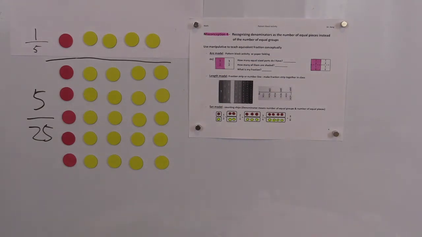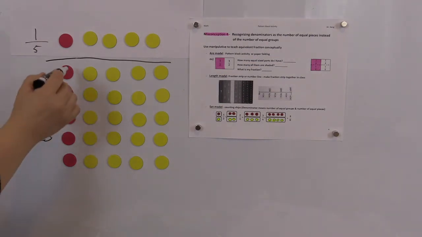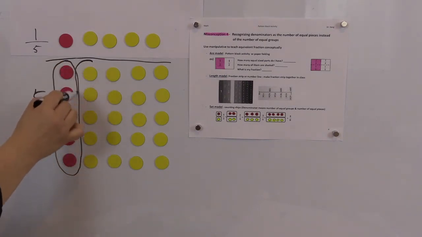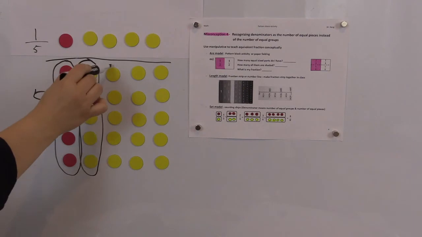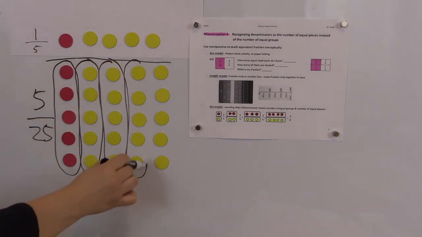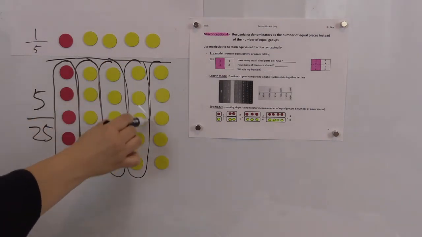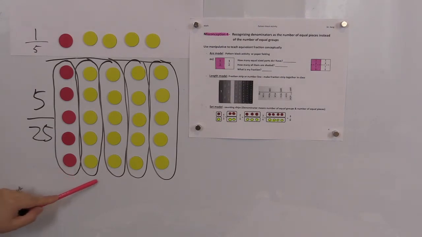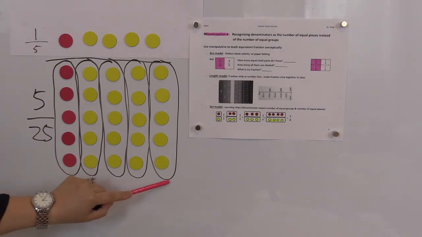Now how can you show to kids this can be 1/5 too? Because we can make the same number of groups, right? So how many groups can you make? We have 1 group, 2 group, 3 group, 4 group, 5 group. So how many equal groups do we have? We have 1, 2, 3, 4, 5 equal groups.